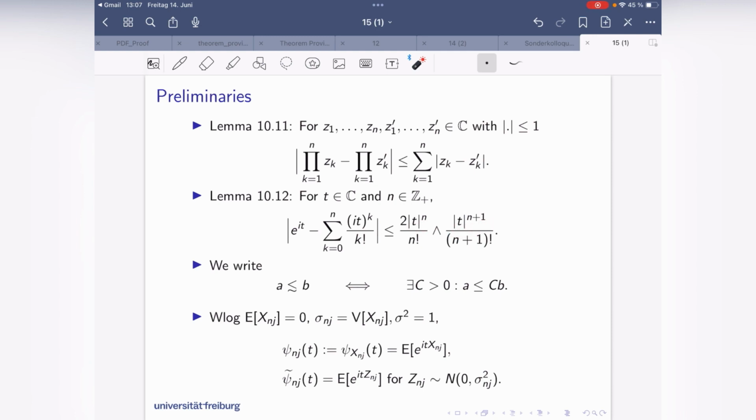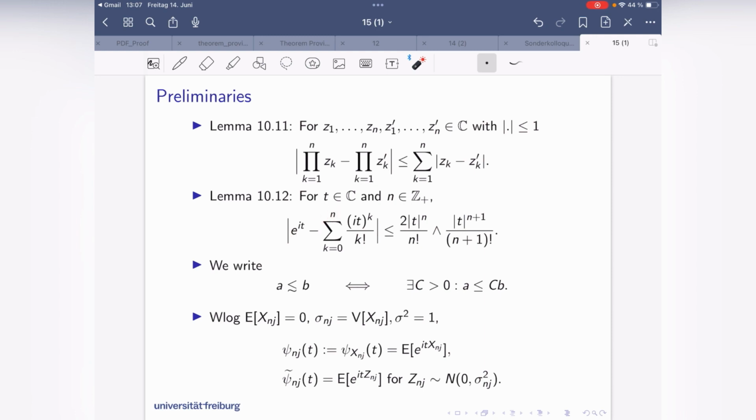And if t is smaller than 1, this here is smaller usually. And if t is bigger, then this here is bigger. But I guess you can believe that there must be some estimate when you break the Taylor series of the exponential function after the nth term.